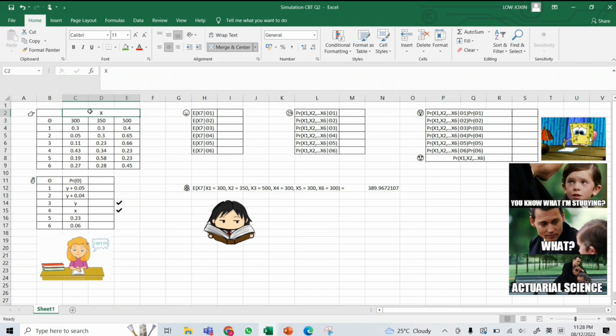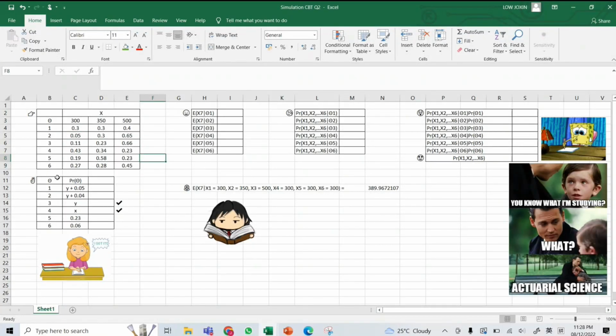The probability of x equals 350 given theta equals 1 is 0.3. And the probability of x equals 500 given theta equals 1 is 0.4. The total of these three should be equal to 1. And the same for the others.